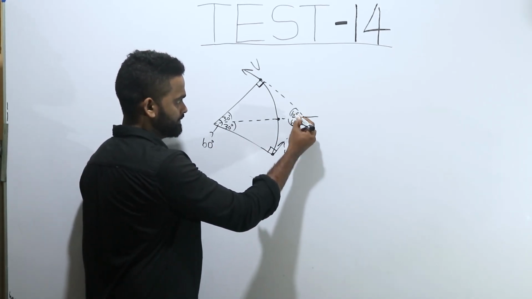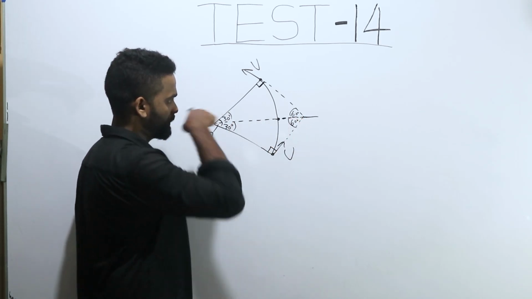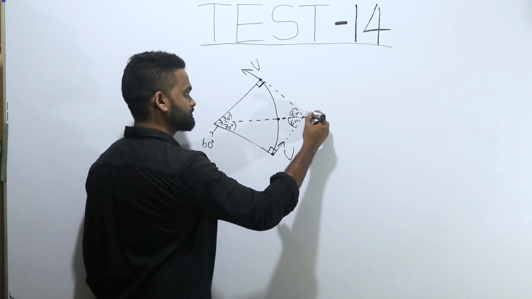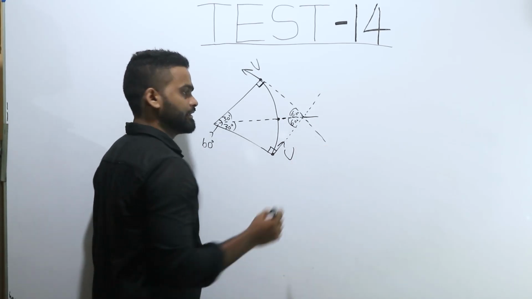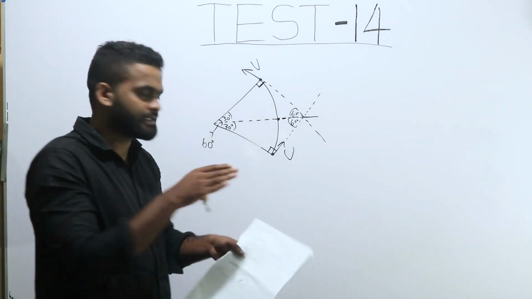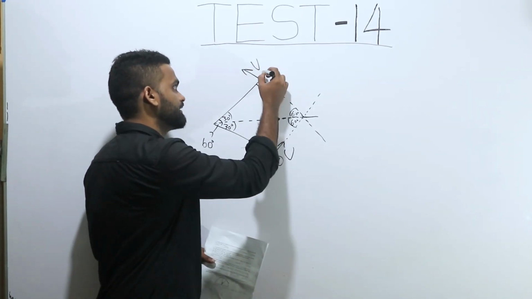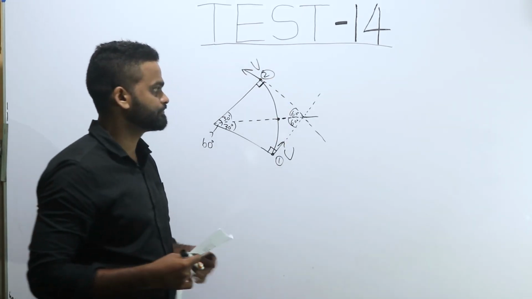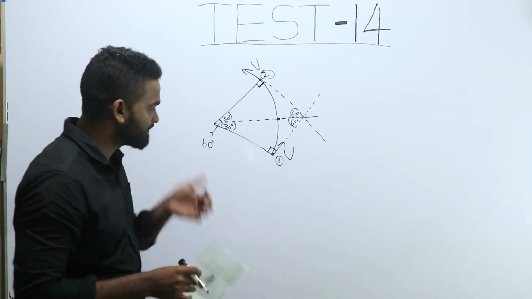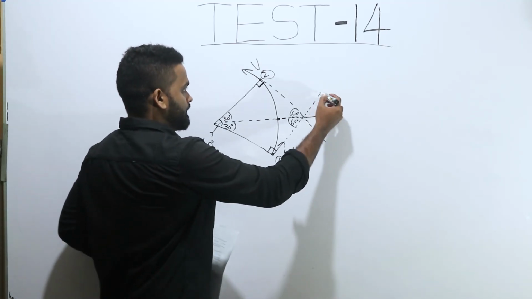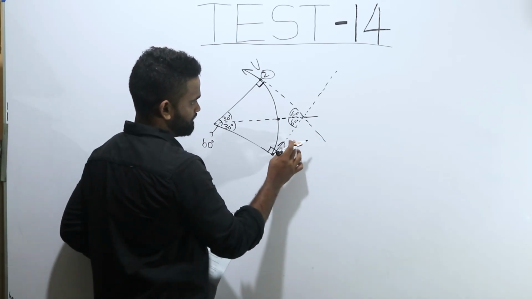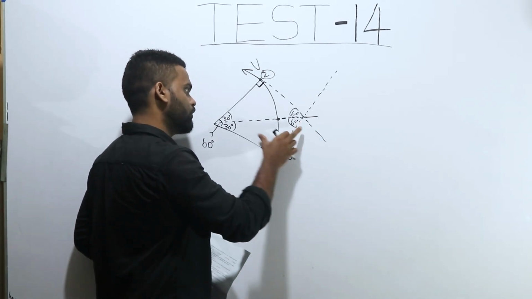This also 60 degrees. Okay, then I am going to resolve this velocity and this velocity. Let's say this point is 1 and this point is 2.